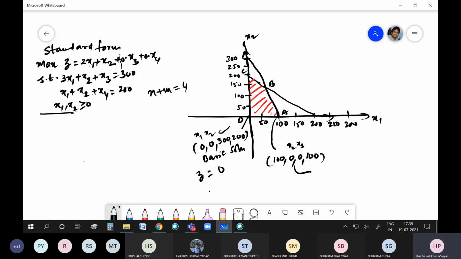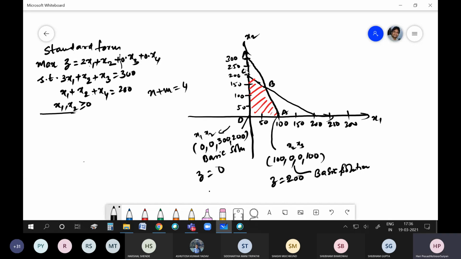Okay, so this is a basic solution. Is it a feasible solution? Yes, because it is satisfying all the constraints. What is the value of z here? z is equal to 200 here. Okay.